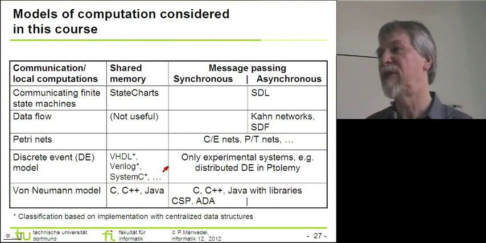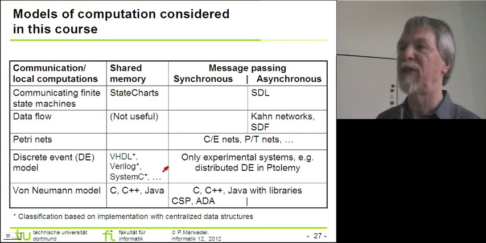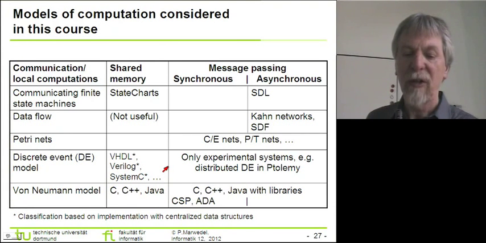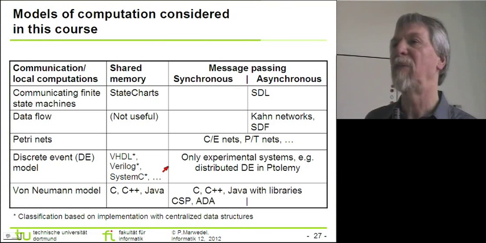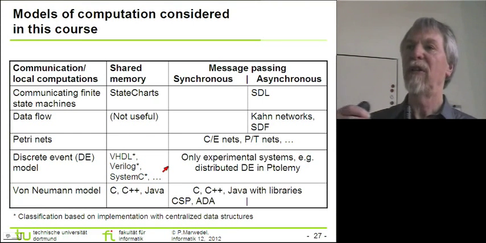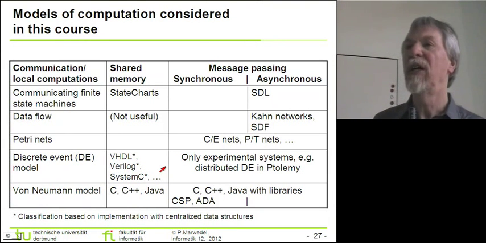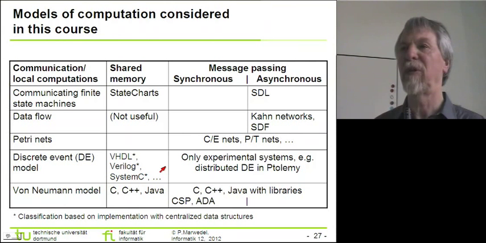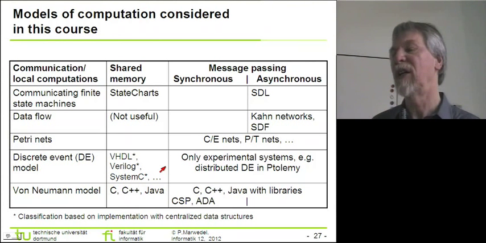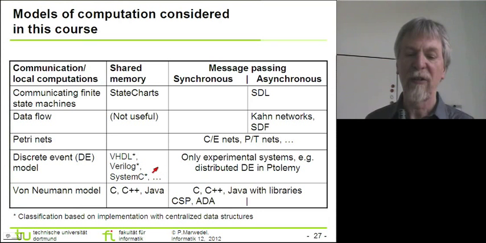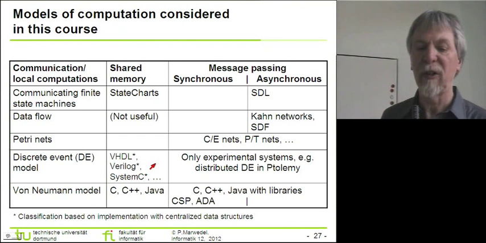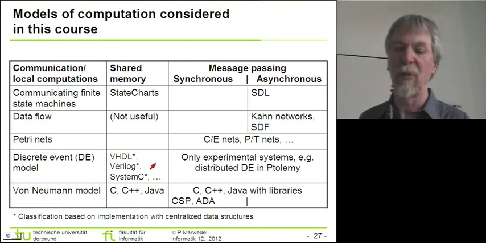And simulators based on discrete event models usually are implemented with shared memory, because we have seen this queue. In this queue, we have these entries, and it's very difficult to implement this queue in a distributed fashion. So simulating discrete event models in a distributed fashion is a very difficult task, and typically simulators simulating systems based on a discrete event model are using a single processor, and everything is in a way then shared and localized to one memory.